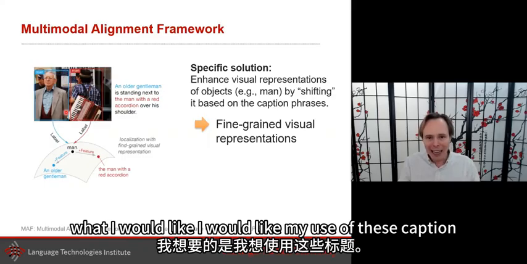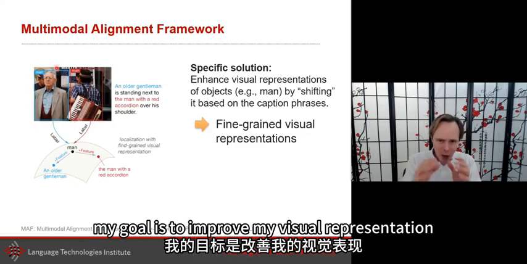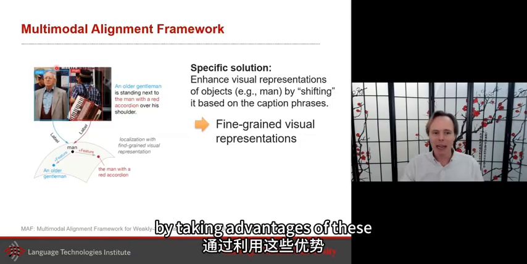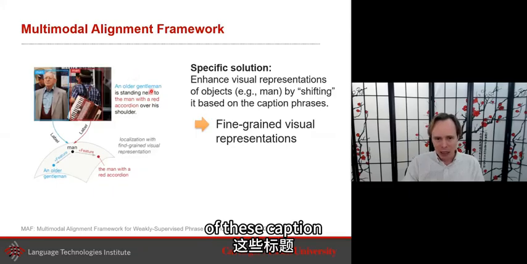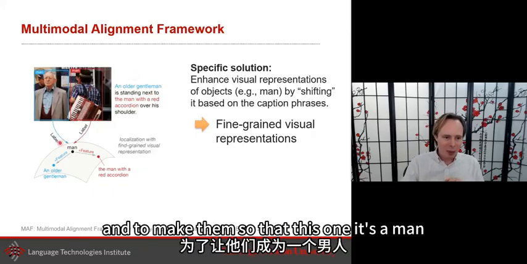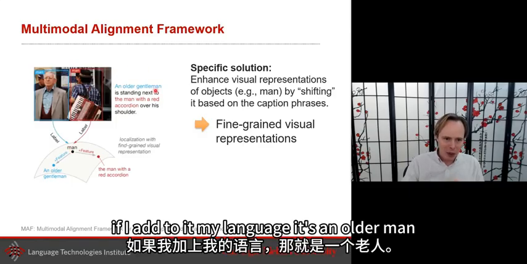What I would like is for my use of these captions to be able to learn fine-grained visual representation. My goal is to improve my visual representation by taking advantage of these captions, so that it's a man, yes, but if I add to it my language, it's an older man.